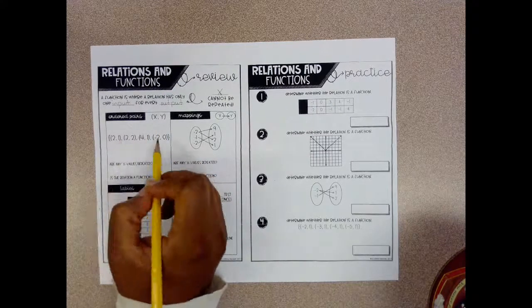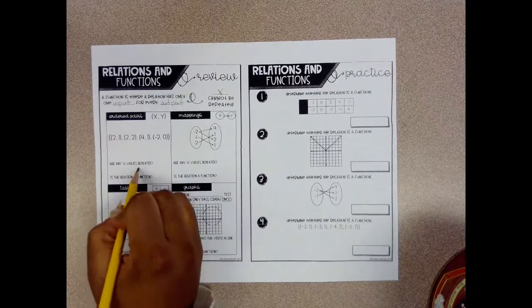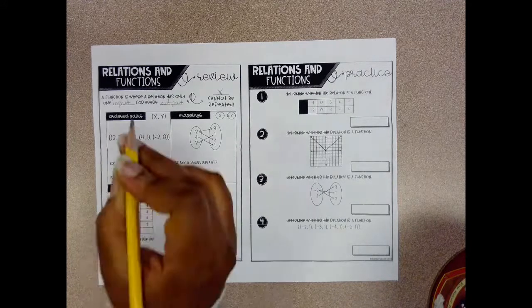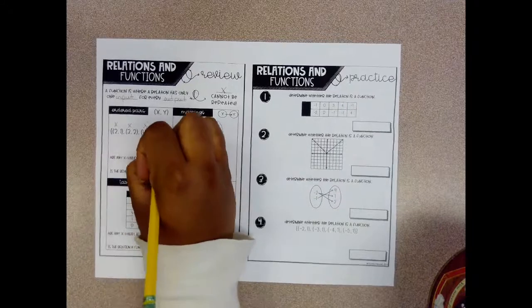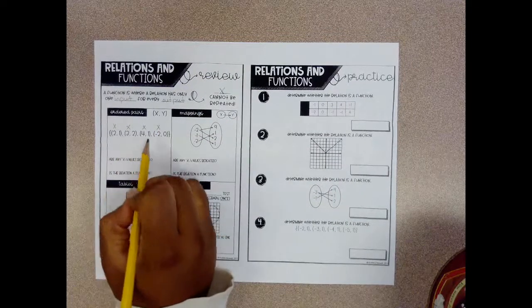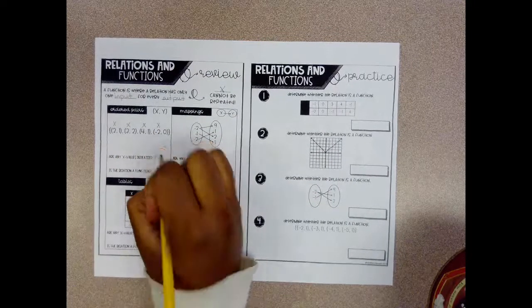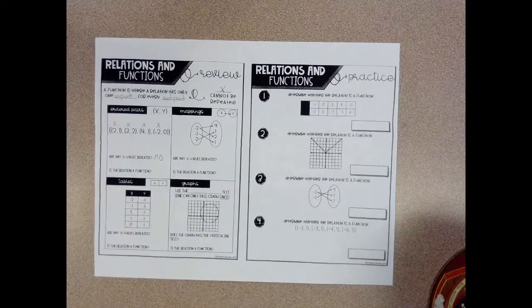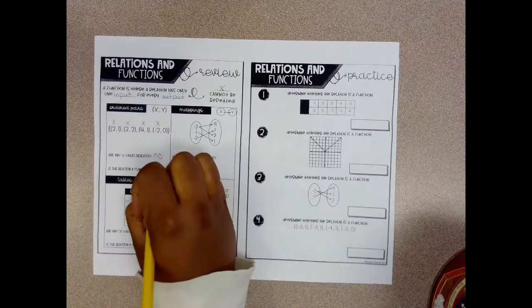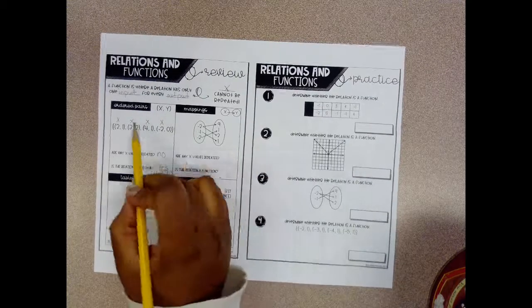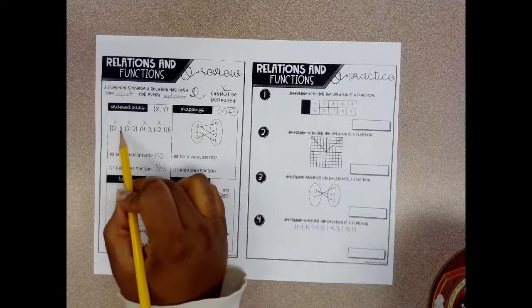Are any of the x values repeating? Well, here's my x's. I have 2, 3, 4, and -2. So no, none of my x's are repeating. So is this relation a function? Yes, because for every input, I have only one output.